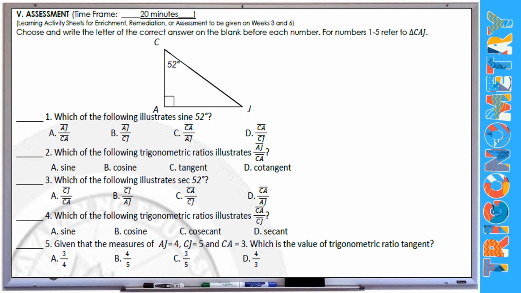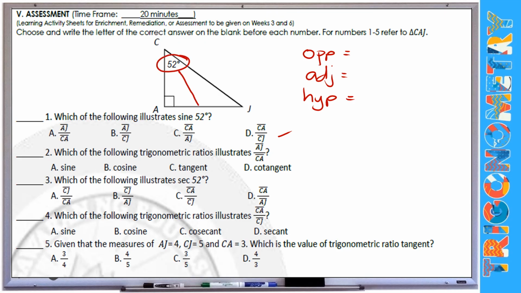Let's answer, for example, number 1. For you to answer this, we have to identify first the parts. Since they are using segments, you just use segments to identify our opposite, our adjacent, and our hypotenuse. In this case, this is our reference angle.